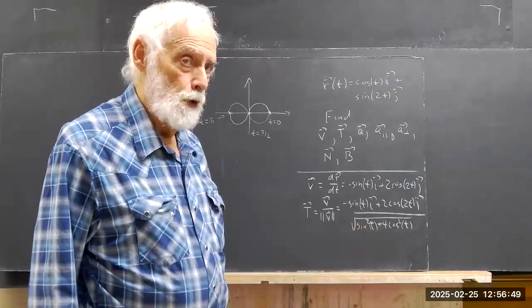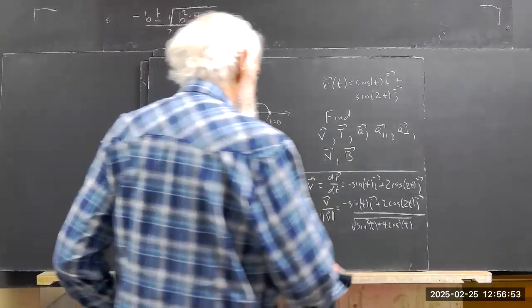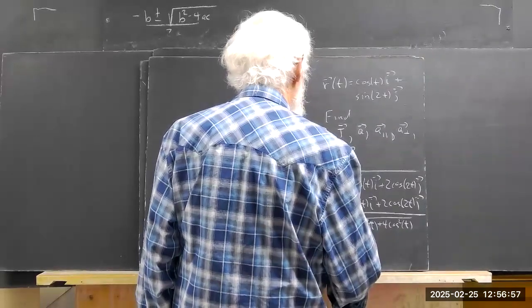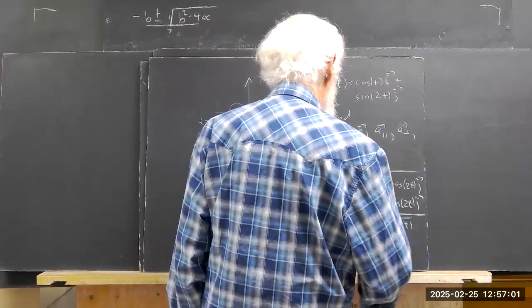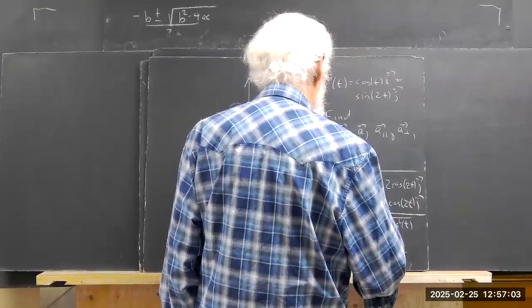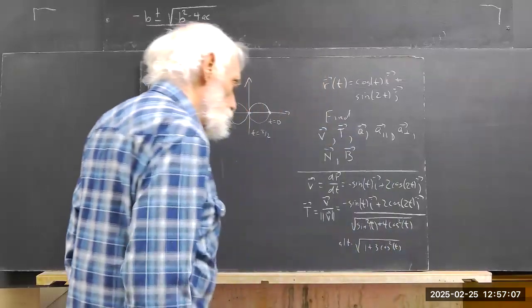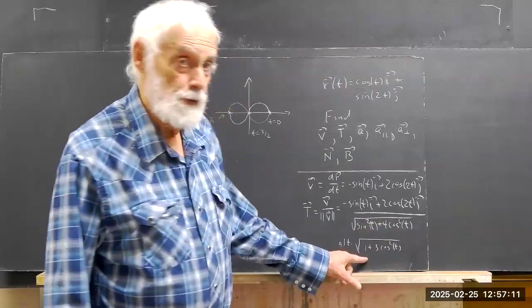The magnitude is the square root of sine squared of t plus 4 cosine squared of 2t. Alternatively, the square root of 1 plus 3 cosine squared of t, since a sine squared plus one of these cosine squareds gives you 1.